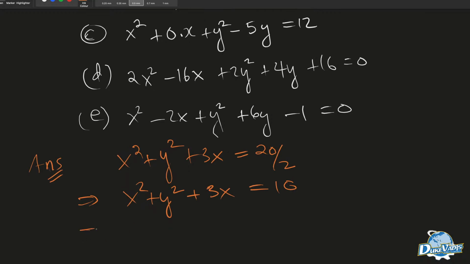Then when we put this one together, we say x squared plus 3x, you see, here, and we have y squared plus 0 squared, okay, is equal to what? 10.